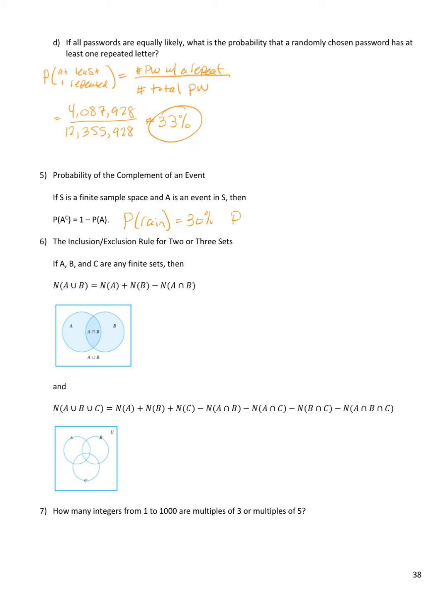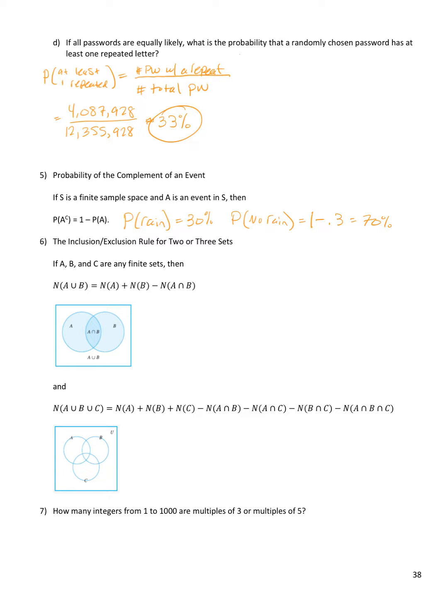So the probability that it won't rain, which is the complement of rain, would be 70%. 1 minus 0.3, or 70%. That's the most basic example. When there's just two, the sample space is rain and no rain. The probability of rain is 30%. The probability of no rain, the complement of rain, would be 70%.